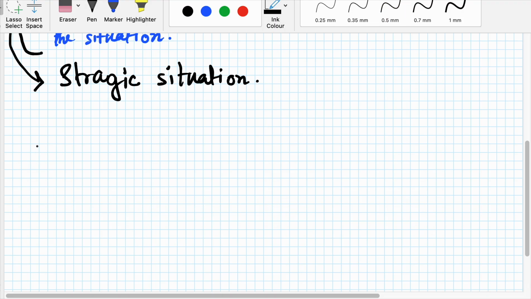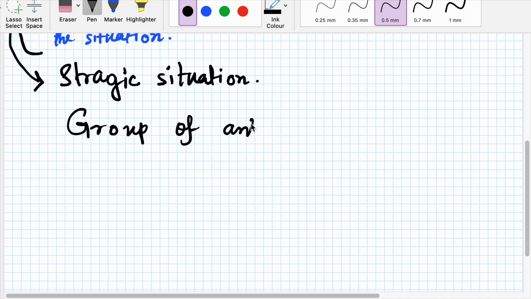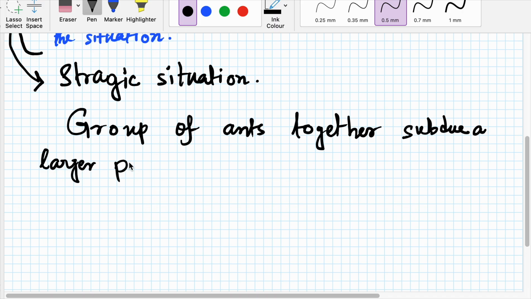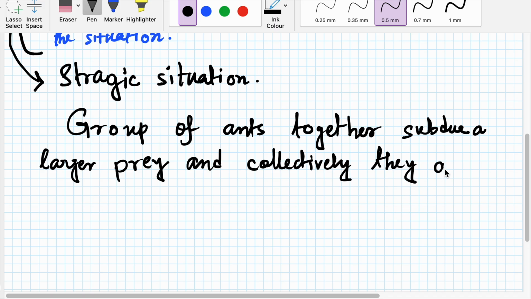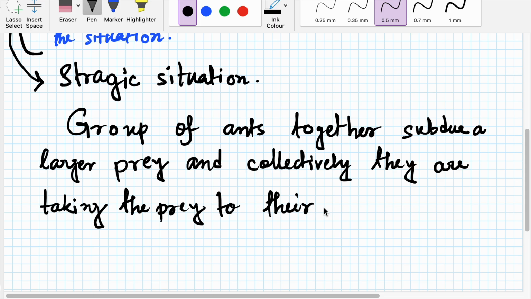So as in our daily life, we have noticed a group of ants together kill or subdue a larger prey and collectively they are taking the prey to their nest.